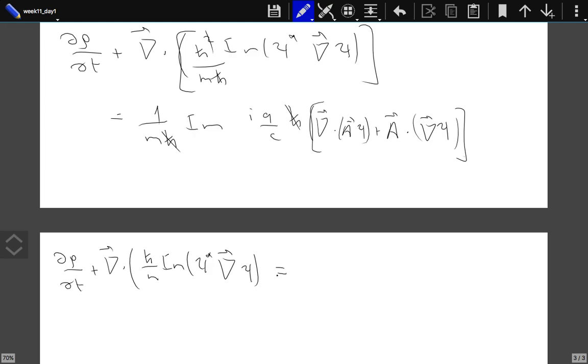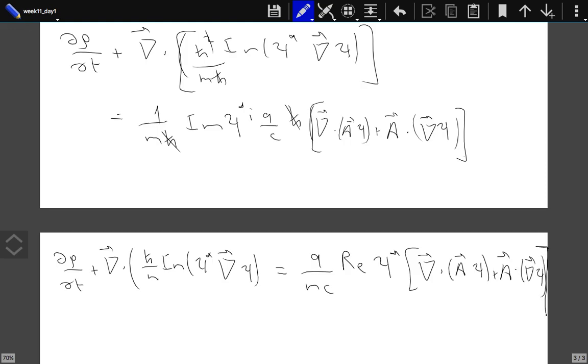This should be equal to q over mc times the real part of psi star divergence of A psi plus A dot gradient psi. I just rewrote the above term. There I have i times some number and I'm taking its imaginary part, but that just gives me the real part of that number.